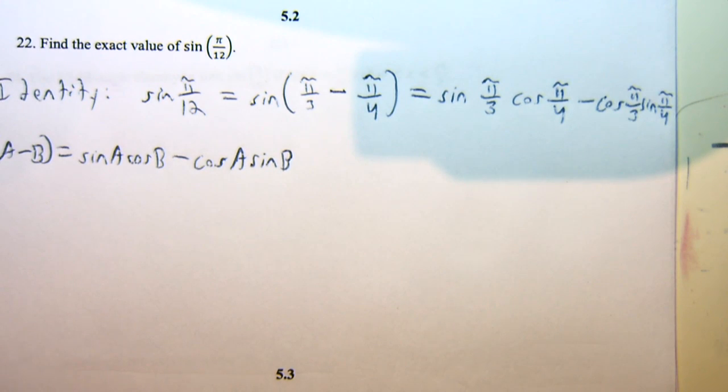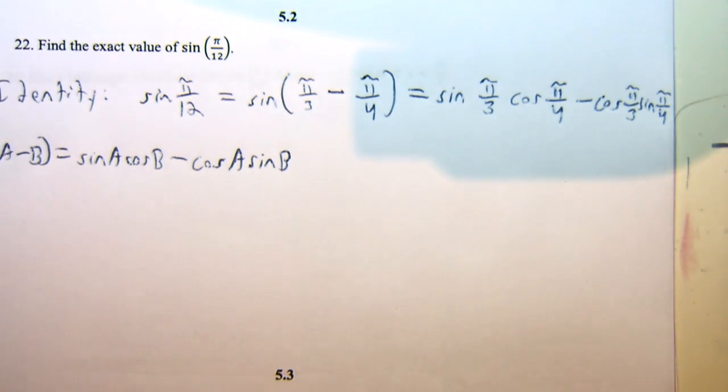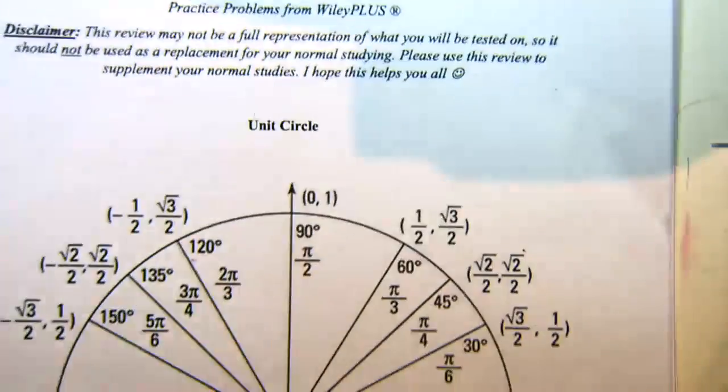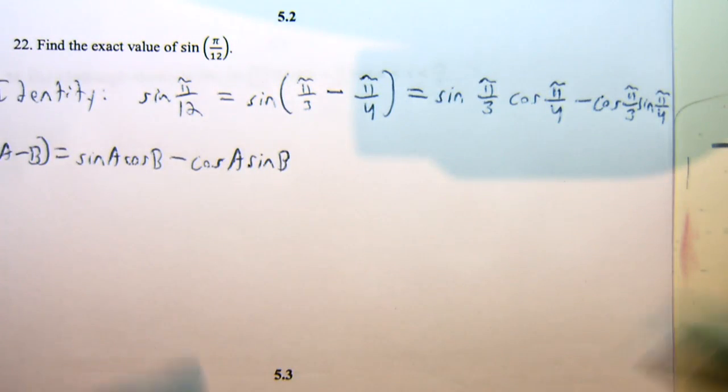So from here we can just find each individual value. We know that sine at pi over 3 is going to be the y value. Sine at pi over 3 is square root of 3 over 2. Cosine at pi over 4 is square root of 2 over 2, as is sine.